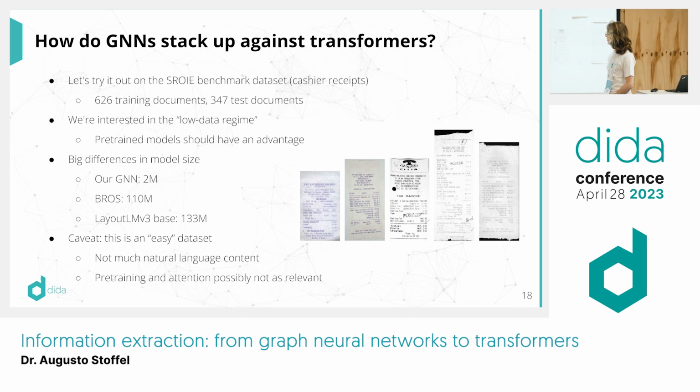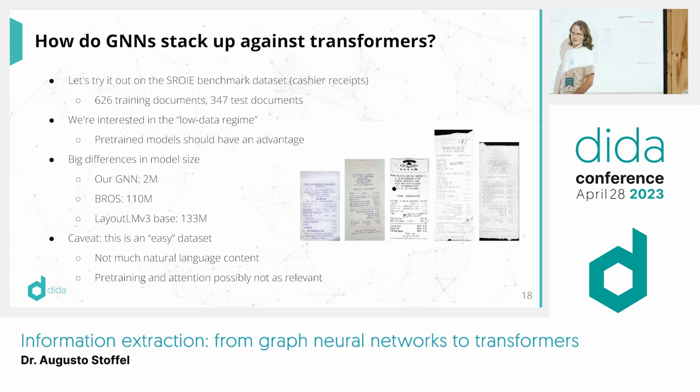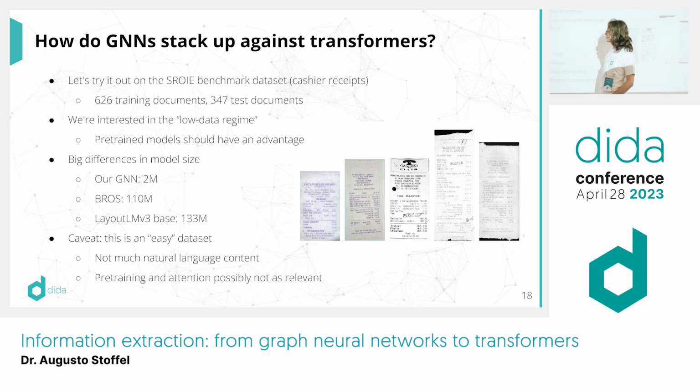For these experiments, I'm going to use the SROIE benchmark dataset. It's one of the standard ones that everybody looks at. This is a dataset of cashier receipts. It has 600-something training documents and 347 test documents. Then I'm going to compare our GNN, pretty much the diagram that I showed you some slides above, with BROS and LayoutLM.